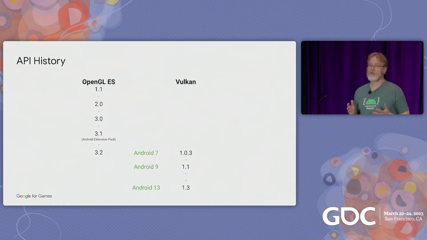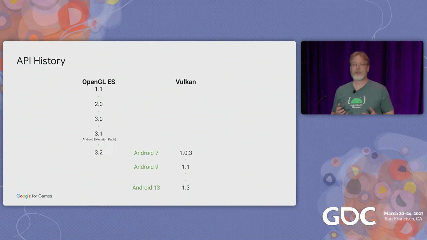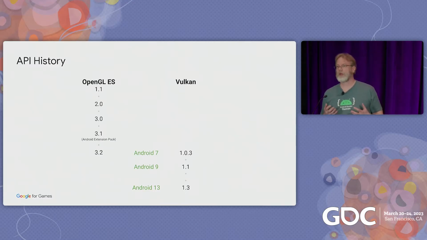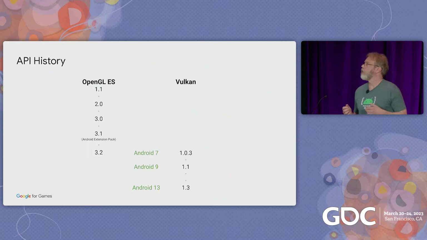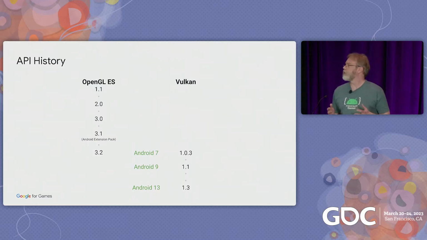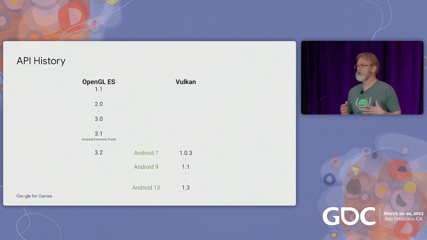Well, over the years, mobile devices and mobile hardware rapidly evolved, and OpenGL ES had to be updated to keep up with that pace of hardware innovation. OpenGL ES 2.0 came to Android, introduced programmable shaders, and then 3.0, 3.1, 3.2 kind of rapidly iterated to take advantage of all the new features that were rolling out in mobile devices.